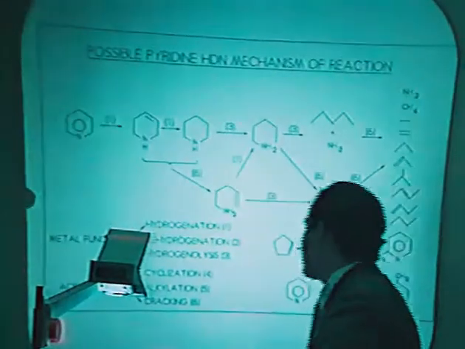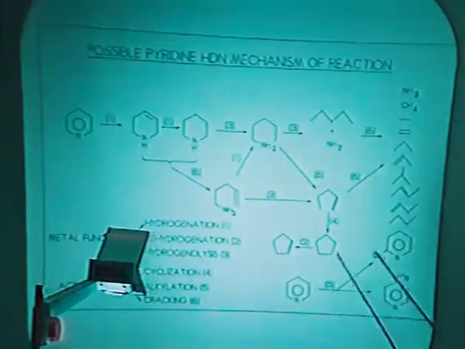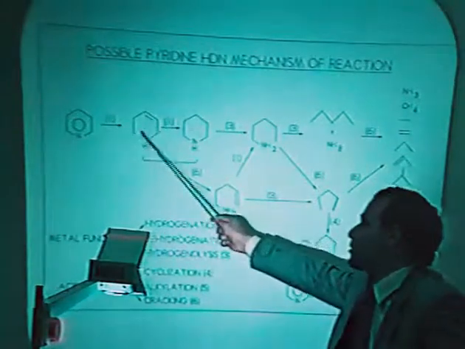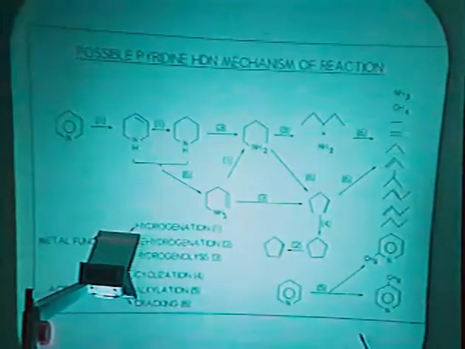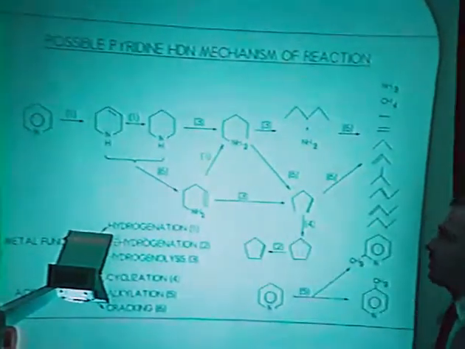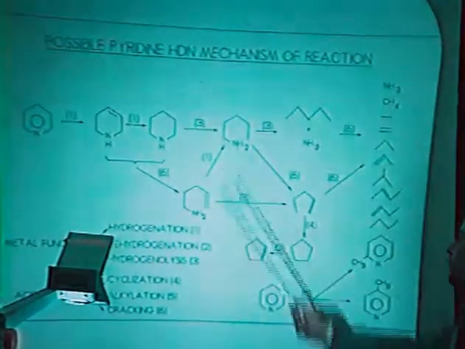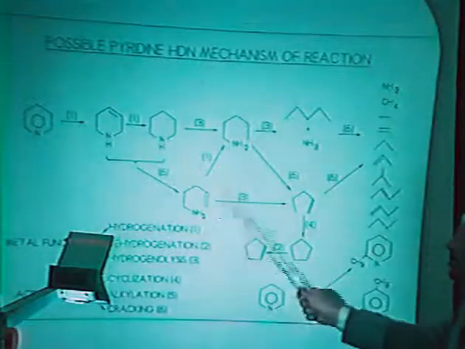For that, first of all, we show the hydrodenitrogenation of pyridine. It is well known that a total or partial hydrogenation of the ring is necessary to then proceed to the ring opening, either by hydrogenolysis or by beta elimination.